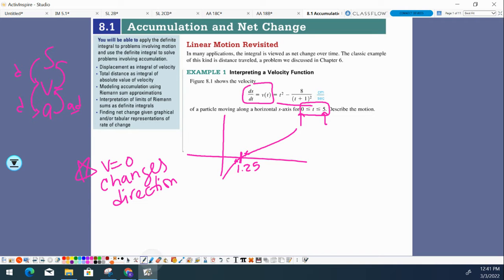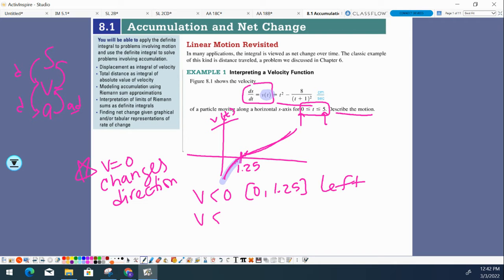This is the velocity function. The velocity is negative from 0 to 1.25 and positive after. So when we describe the motion, because V is less than 0 from 0 to 1.25, it's moving to the left.